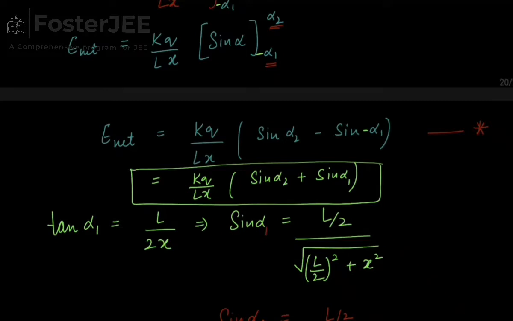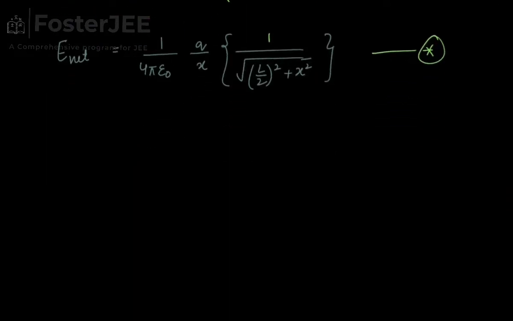Now we will do a small problem based on this. Suppose there is a thin rod. We are supposed to find the electric field at a distance 1 meter. And we are given that this is not symmetrical.